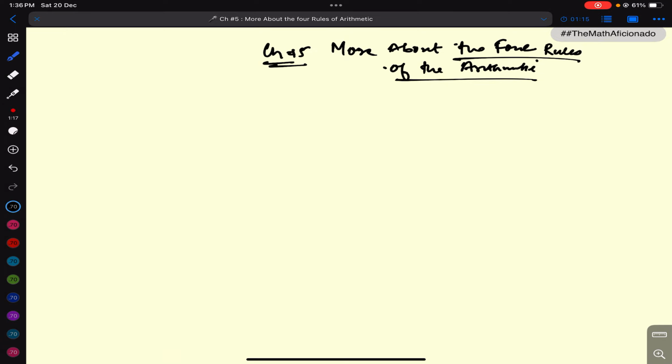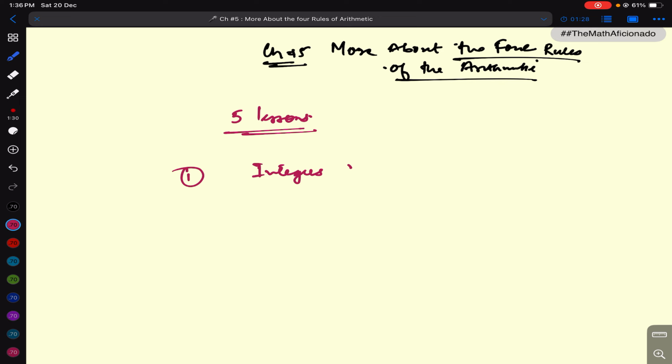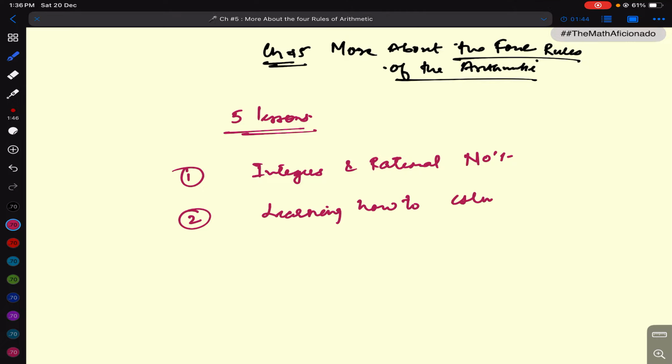Okay, so now this chapter basically has 5 lessons. So there are a total of 5 lessons in this chapter. The first lesson is integers and rational numbers. The second lesson here is learning how to estimate the calculations.